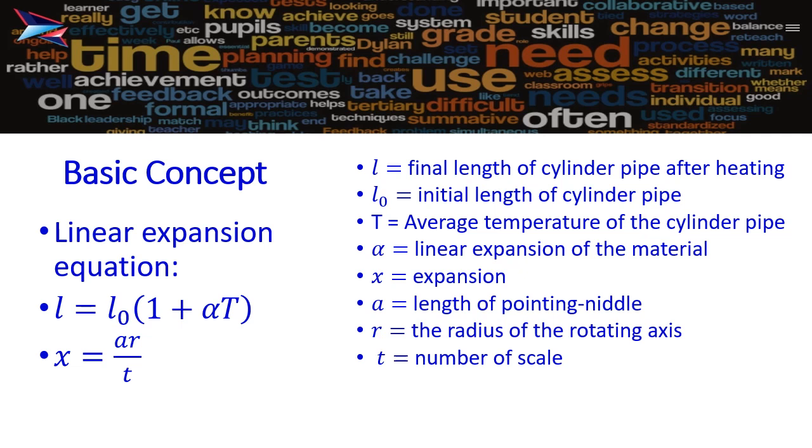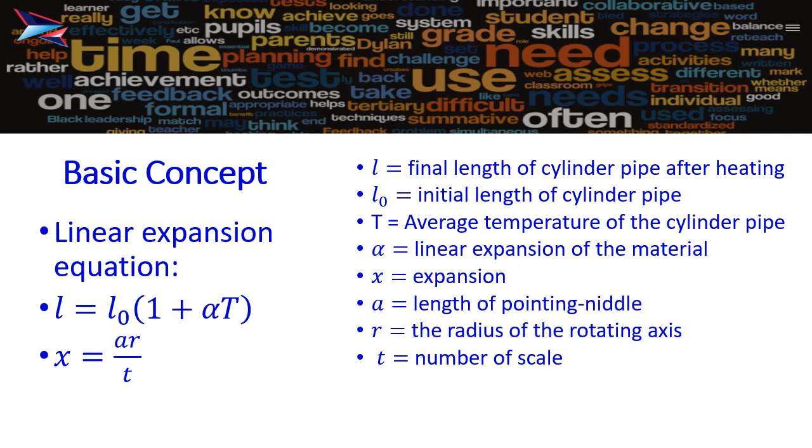L here is the final length of the cylinder pipe after heating, and L0 is the initial length of the cylinder pipe. Alpha is the linear expansion coefficient of your material. T is the average temperature of the cylinder pipe before and after, and then X here is the expansion, the difference in length.